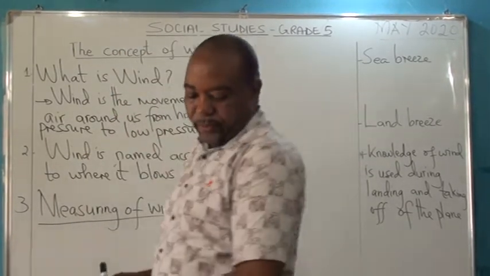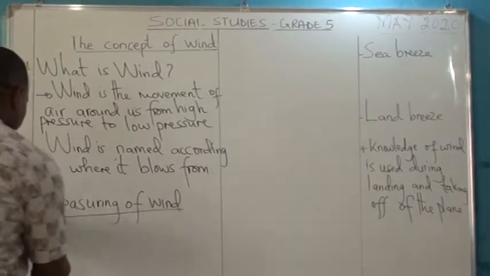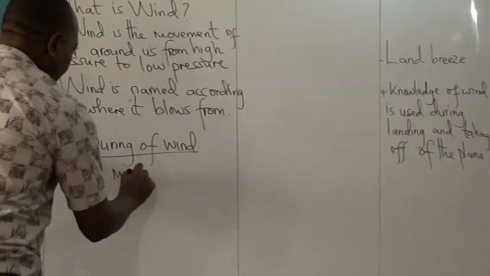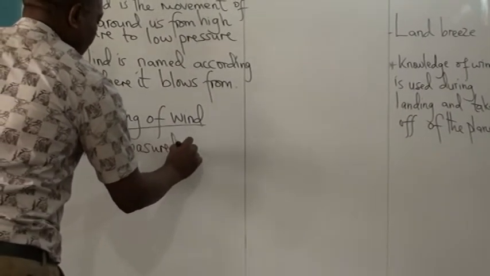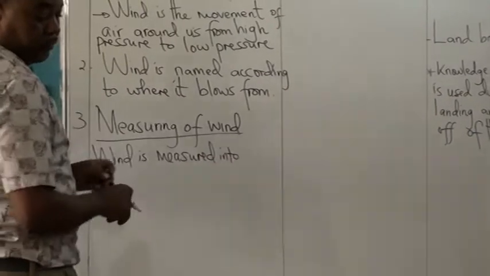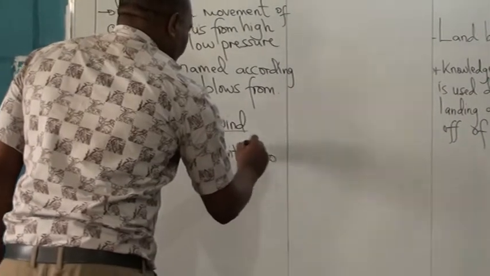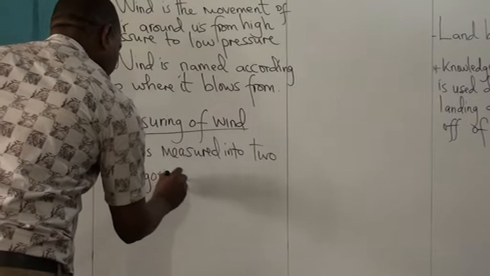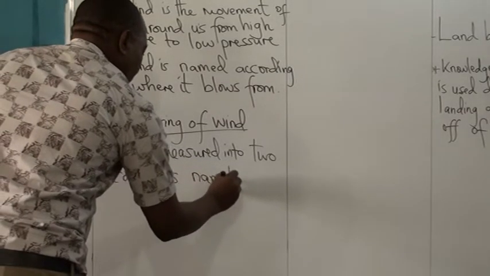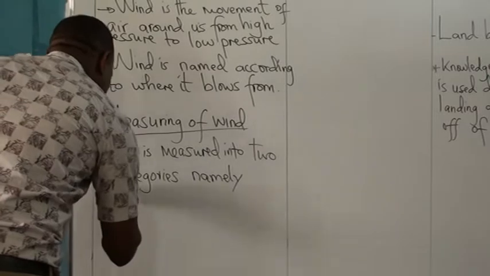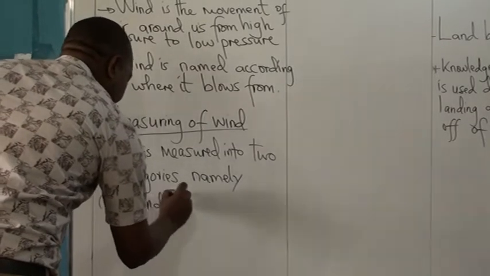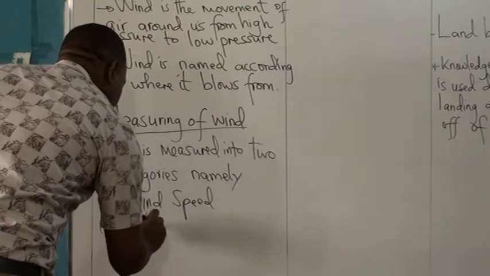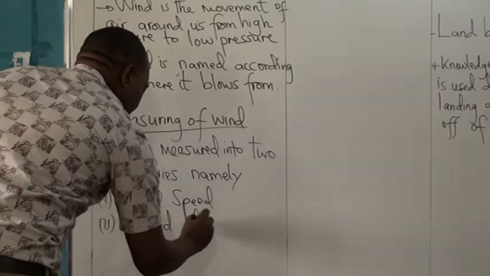Let me write on the board. Wind is measured into two categories, namely wind speed and wind direction.